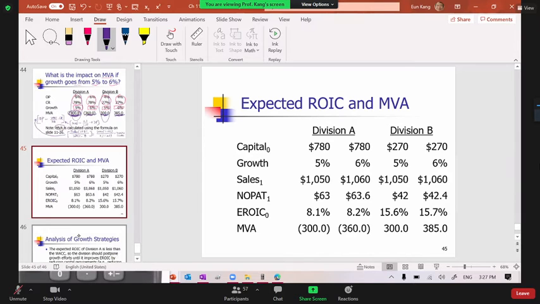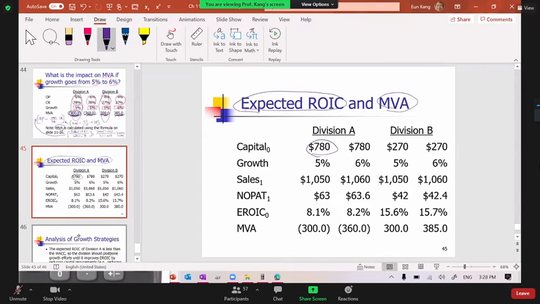Now if we calculate expected ROIC and MVA, then division A, capital 0, 780. How do you know this number? Anybody? Is it the 78% growth or CR on the previous slide?